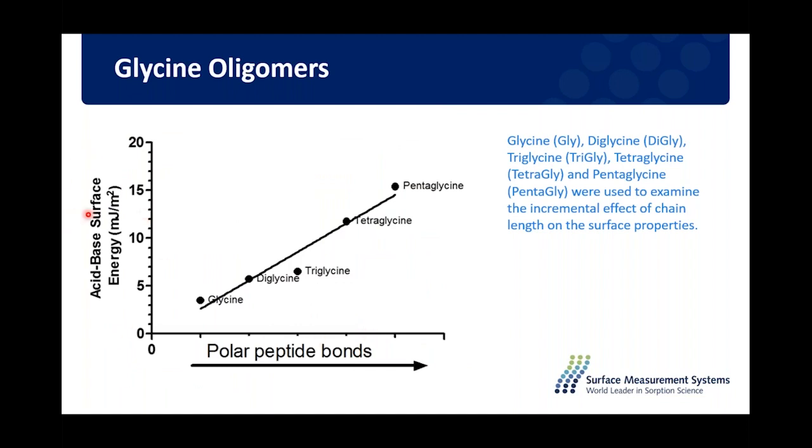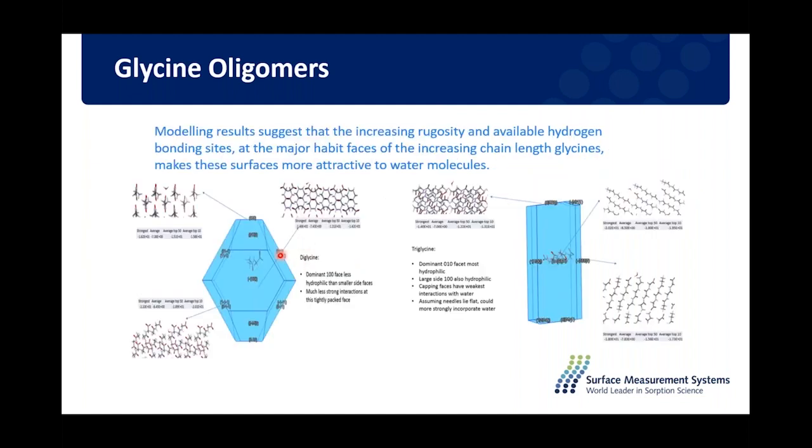Here, again, is the acid-base portion of the surface energy plotted versus the glycine chain length, and we can see that as we increase the chain length, we're seeing an increase in polar peptide bonds, which is why we see this increase in acid-base surface energy. That's related to the crystal structure of these different glycines. Just to show you an example, this is diglycine and triglycine. Some modeling suggests that the increase in the glycine chain length causes a change in what major crystal habits are exposed.